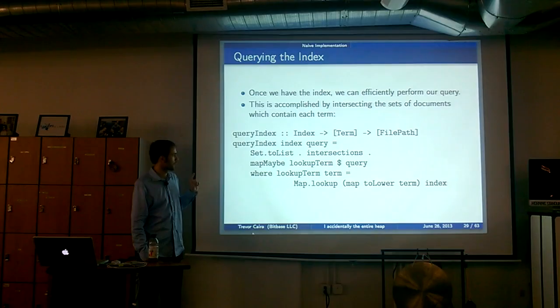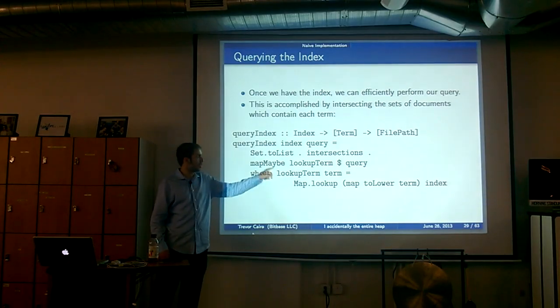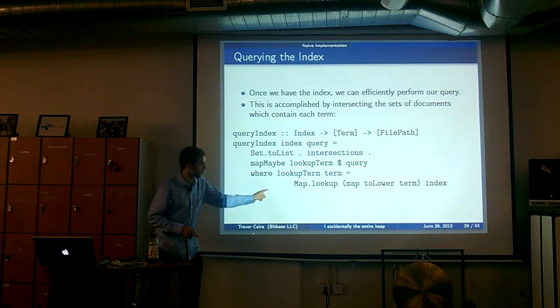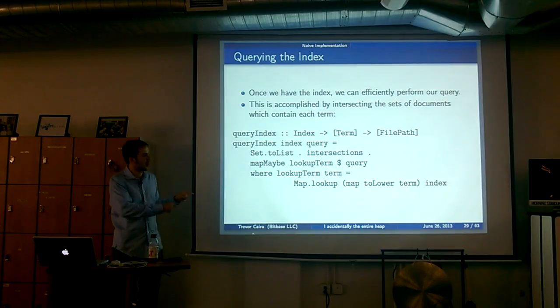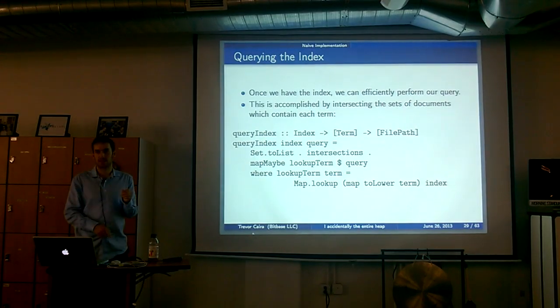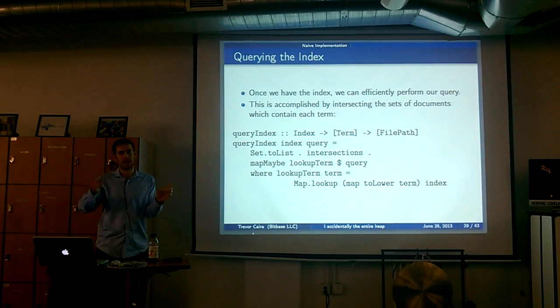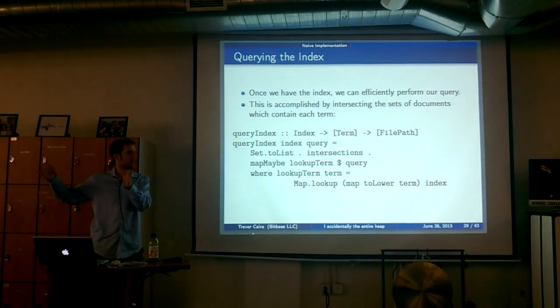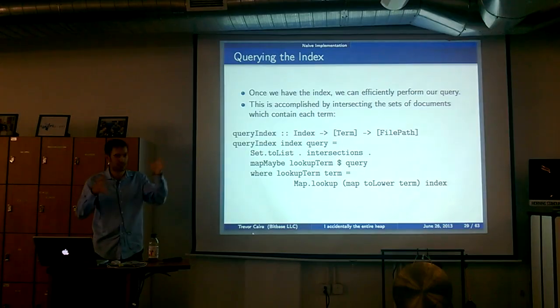The way that this works is I am mapping over every word in the query and looking up a lowercase version of that term in the map, and the result of that is a list of all of the sets of documents that those terms occur in. So it looks at the first word in the query and then finds that in the map, and that gives you a set of the documents that word occurs in, etc. For each of them, and you get a list of sets.